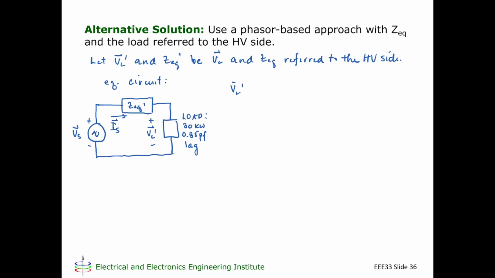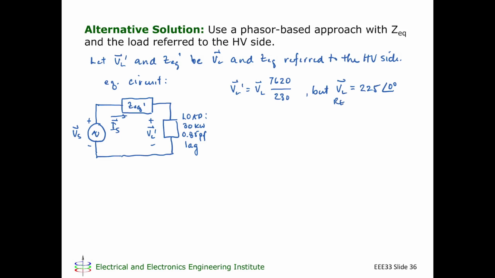V_L prime is going to be equal to V_L multiplied by my turns ratio. My turns ratio is 7620 over 230. But V_L is our reference phasor, which is 235 at an angle 0 degrees.